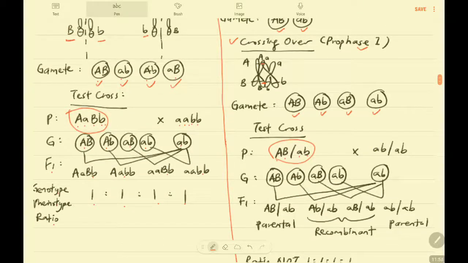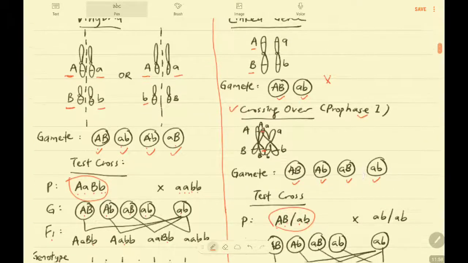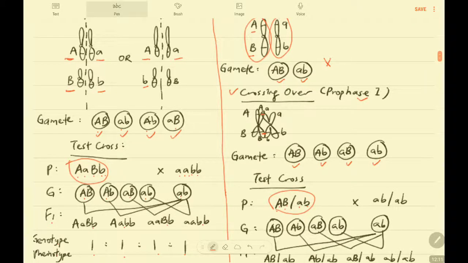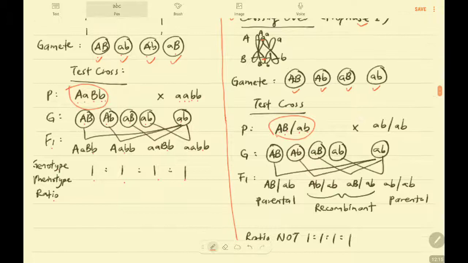Because we want to show that AB is located on the same chromosome, and the other is from another chromosome, a pair of homologous chromosomes. Since this is a test cross, we cross with a homozygous recessive.